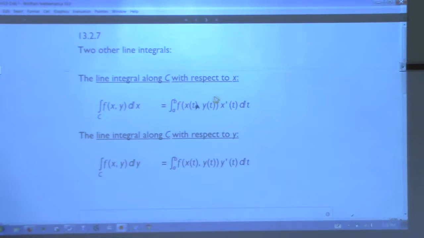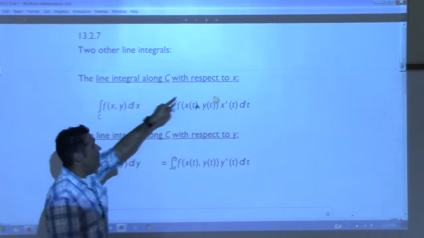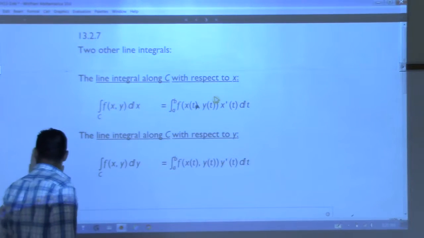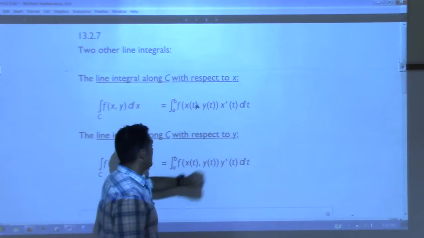We have the line integral with respect to arc length, but we have these other 2: the line integral along C with respect to x, and the line integral along C with respect to y.